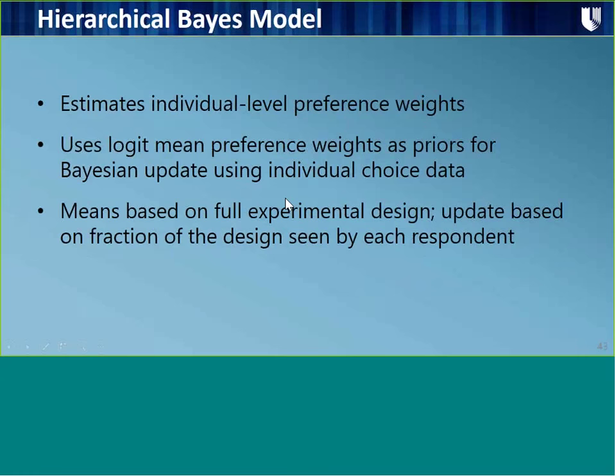The second approach is to use a hierarchical Bayes model, and it's very similar actually to the random parameters mixed logit model, except that it goes about estimating results in an opposite way. As I said before, mixed logit sort of focuses on the mean and takes individual level information to just evaluate deviations from the mean. Hierarchical Bayes does this the other way around. It actually estimates individual level preferences and then calculates the overall mean based on these estimated individual level preferences.